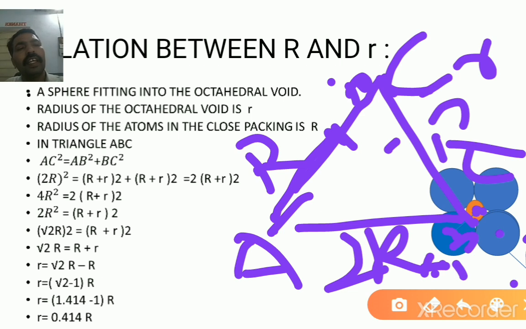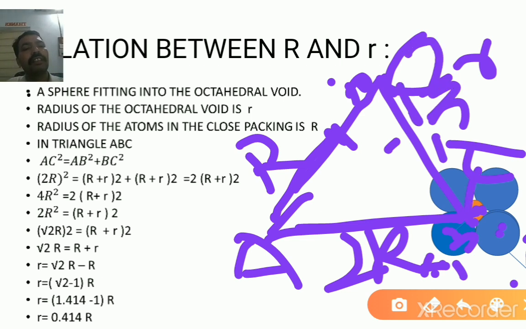In this triangle ABC, AC is the diagonal, and this angle is 90 degrees. By using the Pythagoras theorem, AC square is equal to AB square plus BC square.